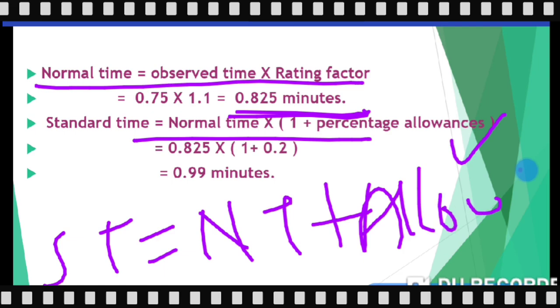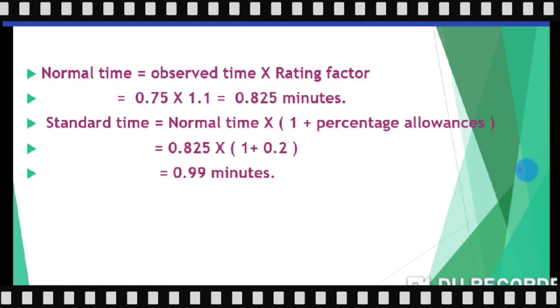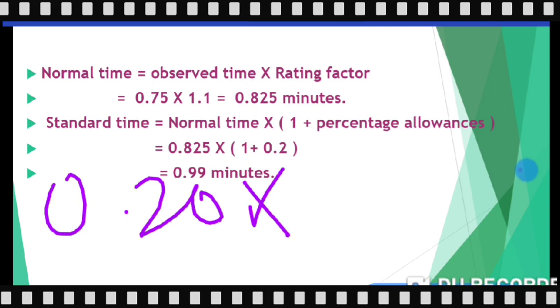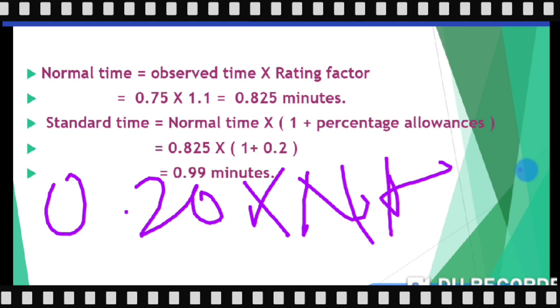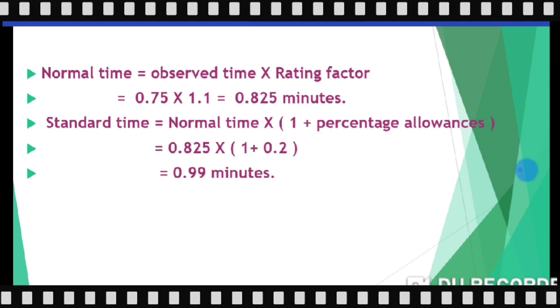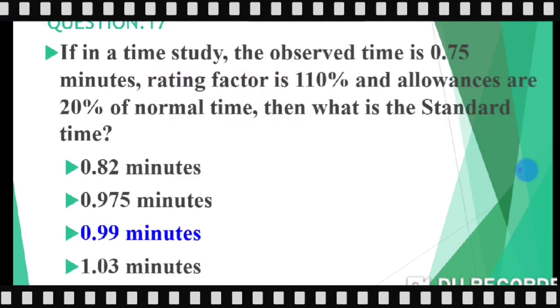Allowance here is given in terms of normal time, and it was given as 20% of normal time. So we have kept normal time outside. It is 1 plus 0.2, so it will be 1.2. 0.825 into 1.2 will be 0.99 minutes. So this will be the answer for standard time.